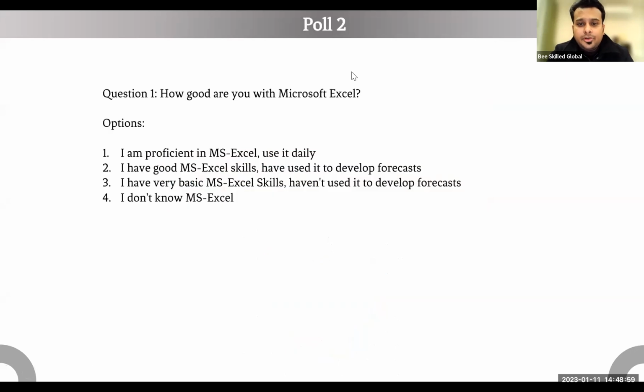So if you have any questions, you can ask. In the meantime, Priyanka, if you can launch this poll. Here I want to understand how good you are with Microsoft Excel, because in the first scenario that I talked about, there was no real calculation involved.